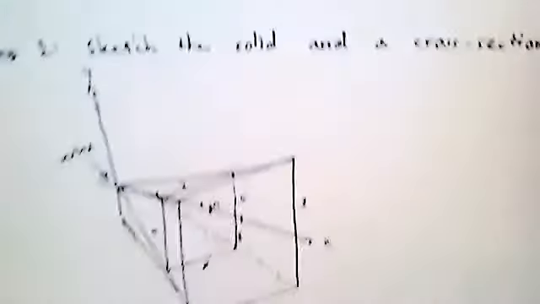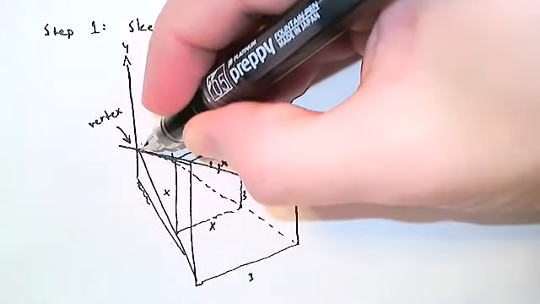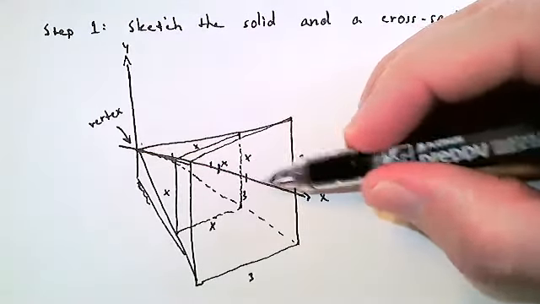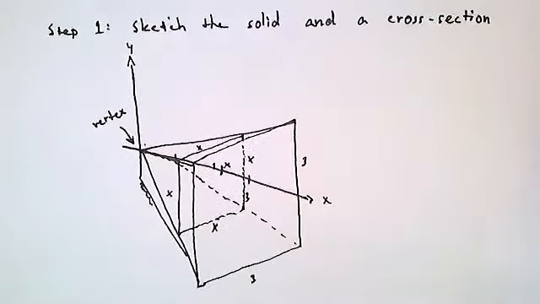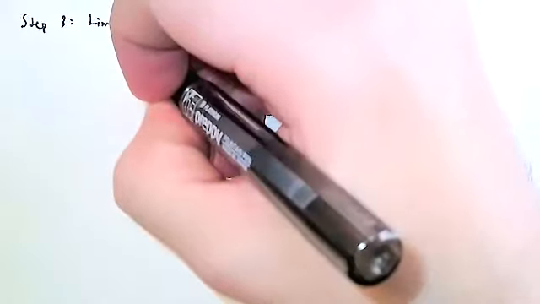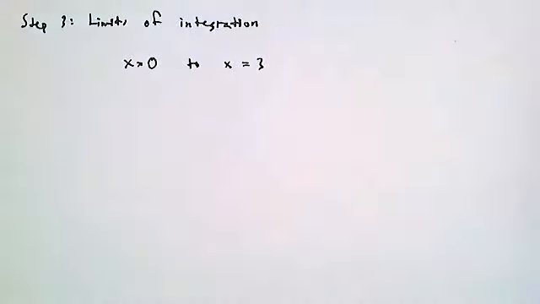And this one we can just read off from our picture. We've placed the tip of our pyramid at 0, and then the base of it is sitting 3 meters away along the x-axis. So that means our limits of integration are going to be 0 to 3. Okay.